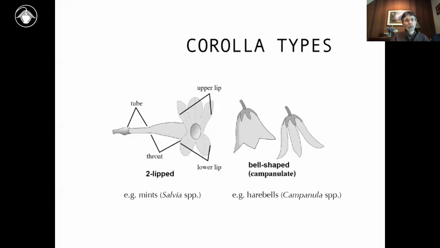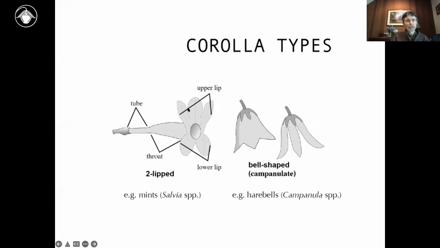There are a number of corolla shapes for which there's terminology and that have arisen enough times to make it worthwhile to have terminology for these shapes. And even though these terms are usually applied to corollas, sometimes they apply to calyces as well. But in any case, here you can see the common condition of having a two-lipped flower.